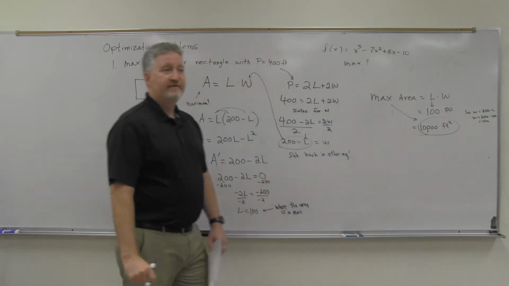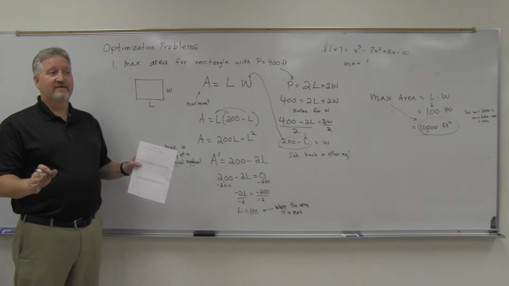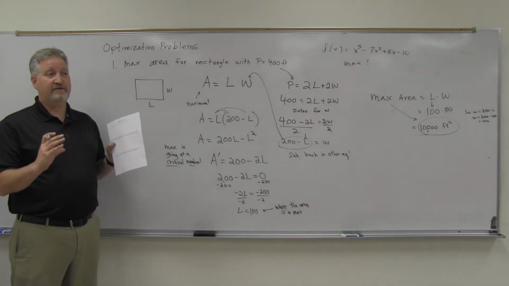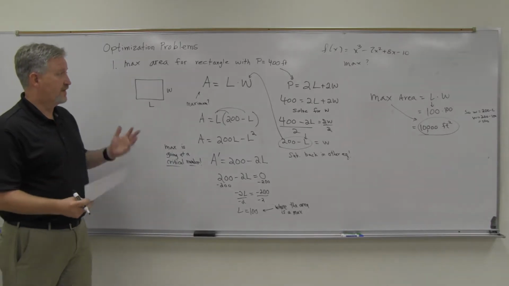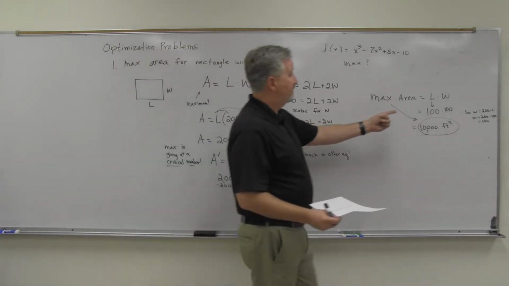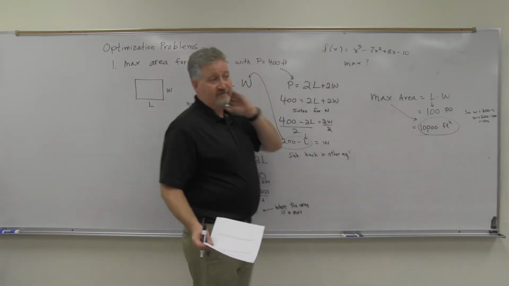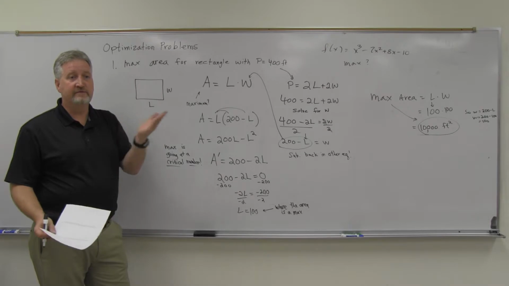Okay? Now you might have known that fact. If you've got a rectangle, the maximum area you can have for a rectangle is a square. That's always true. So if you knew that fact going in, you probably could have guessed the answer here. The maximum area for a full rectangle is always a square. That's as big as an area you can get, because a square is just a special rectangle.